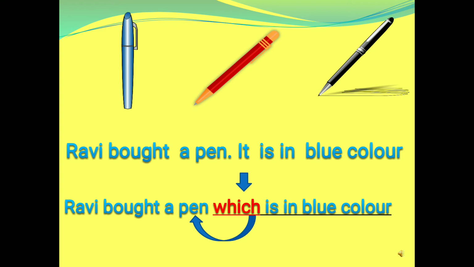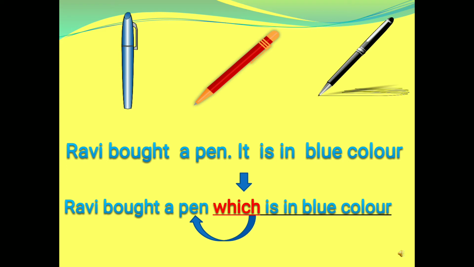So here also the underlined sentence is called relative clause, and the word which is called relative pronoun, because the underlined sentence cannot give its own meaning. It is dependent on the first sentence.